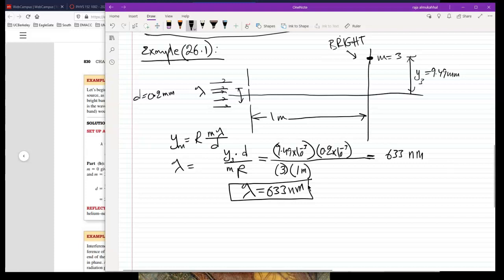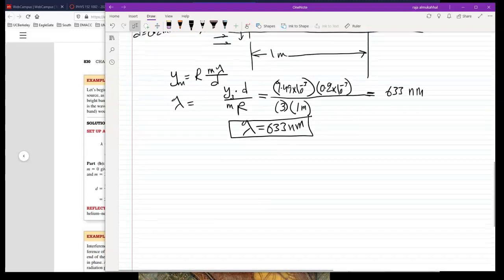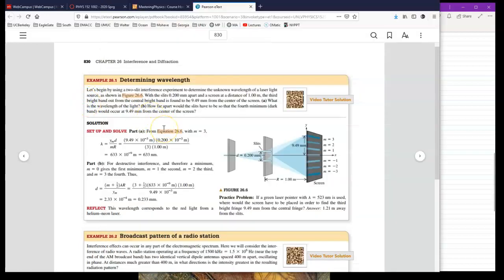That's part A. Now, the reason I want to do this problem is also because of part B. It can be very confusing, and it's only unique for this textbook. Let's read it first, and I'll show you why it's confusing. He said, B, how far apart would the slits have to be? He's basically asking for a D here.